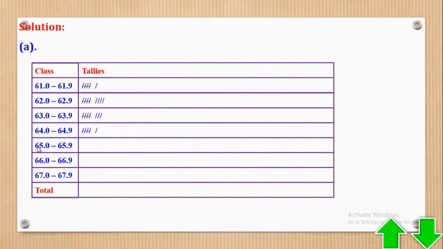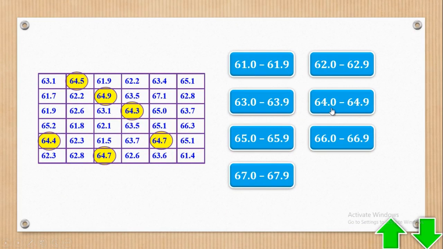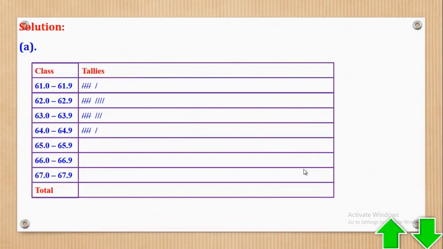The next is 65.0 to 65.9. So that is 1, 2, 3, 4, 5. So you come and put tallies corresponding to 5. The next is 66.0 to 66.9.